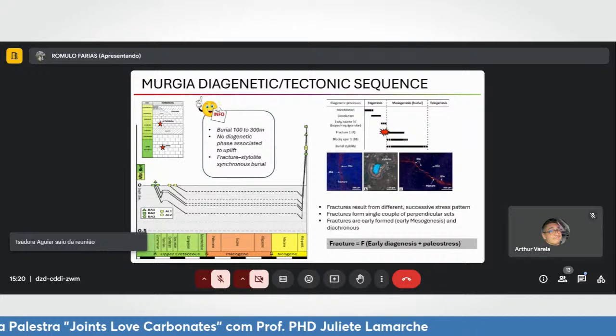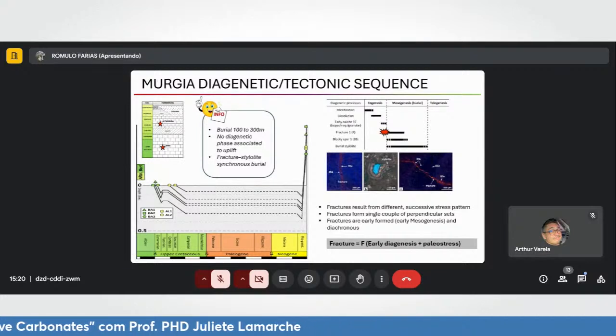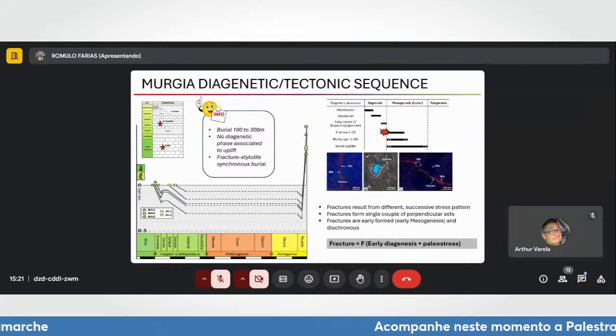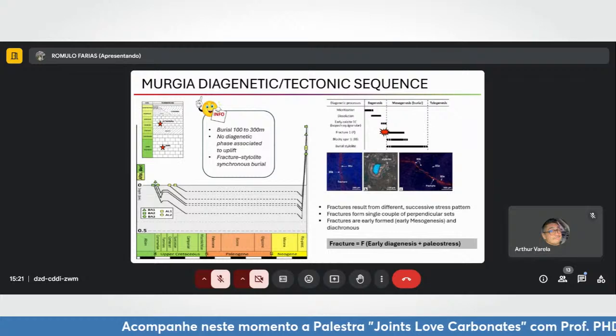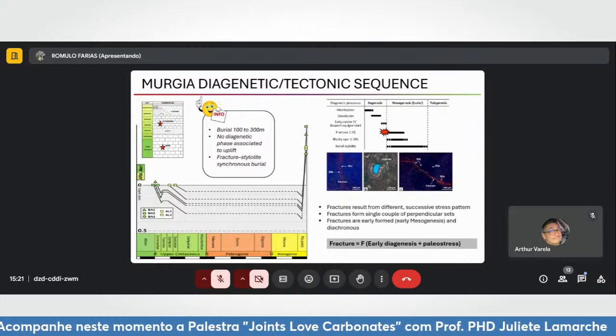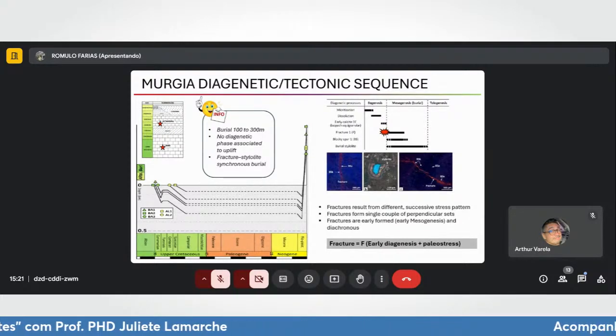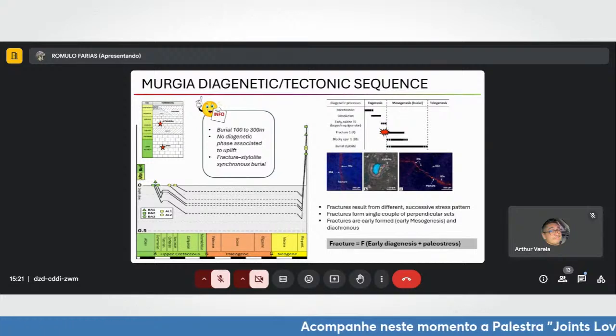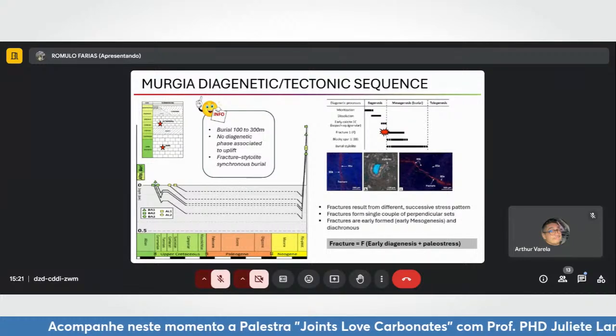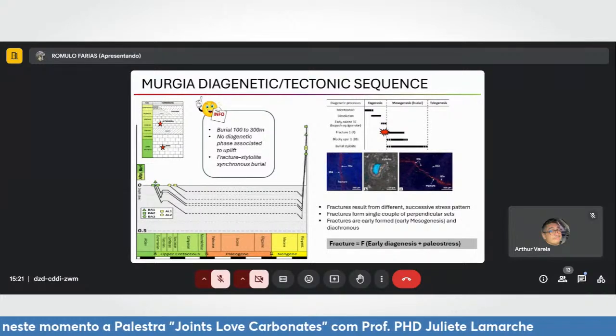So what do we infer from this? We infer that as soon as the rocks are brittle, they fail with the ambient stress pattern. They are vertical due to vertical sigma 1, and then they orient more or less depending on sigma 2. And just after, the system is locked, like in Provence. And then if you have another pile of carbonates on top, very early they will break again with the new stress pattern, so they can be a little bit different.